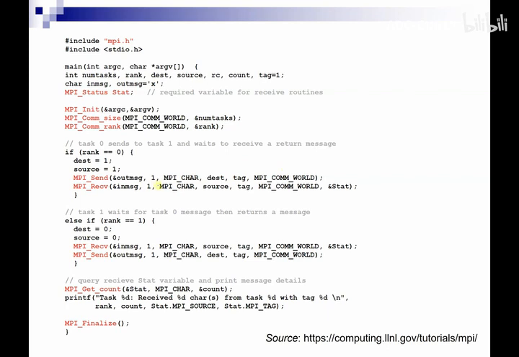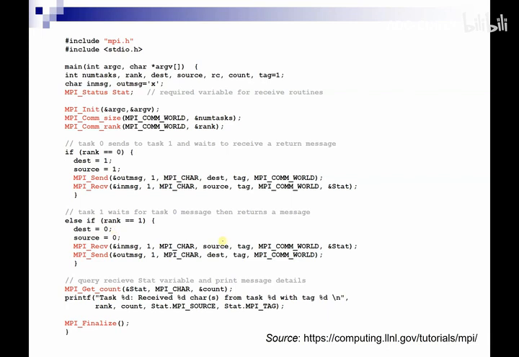Then I'm going to receive a message from the same source, process 1. So I send to and receive from process 1. And if my rank is actually 1, then I'm going to set my destination and source to be process 0.